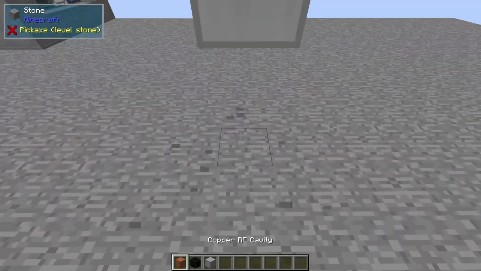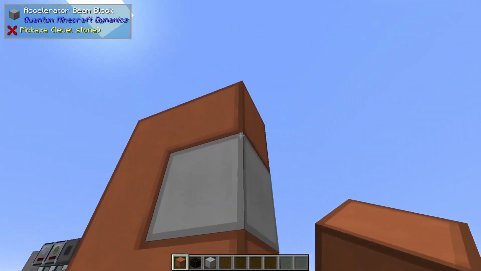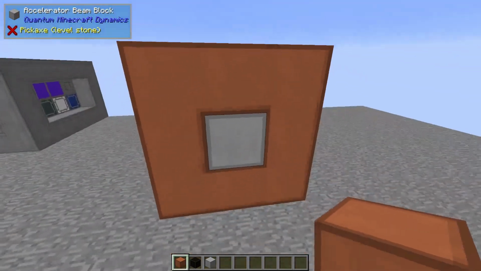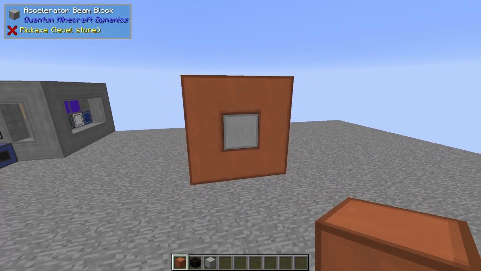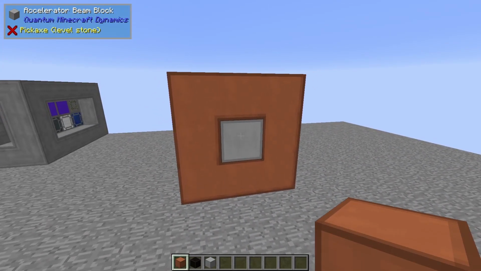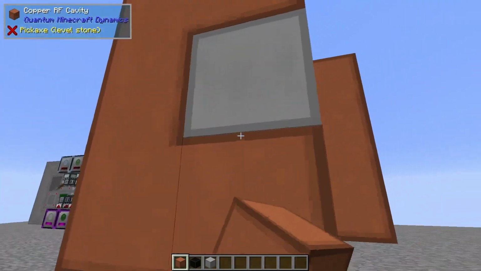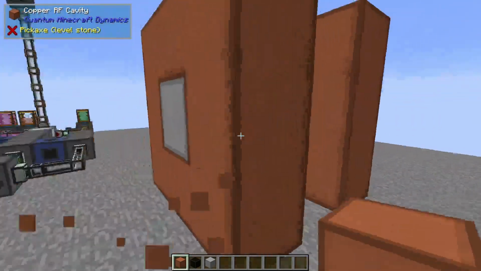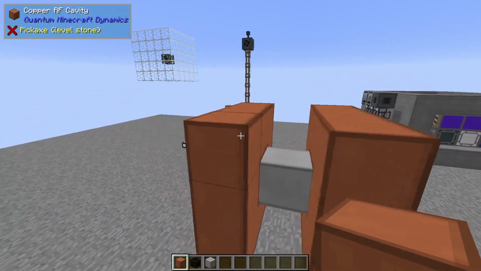The RF cavity is built by placing a ring of 8 identical cavity blocks around an accelerator beam block, and cavities cannot be placed next to each other. They have to be placed at least one block apart. So this, for example, is a valid 2 cavity structure. But I cannot put a third cavity sandwiched between these two.